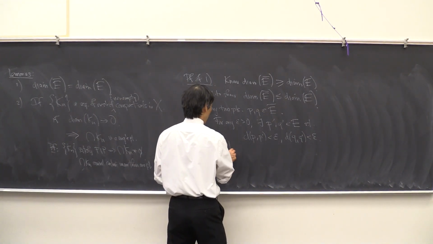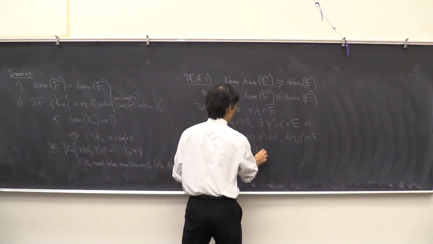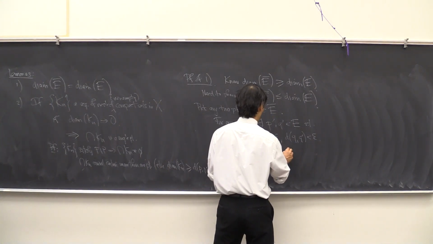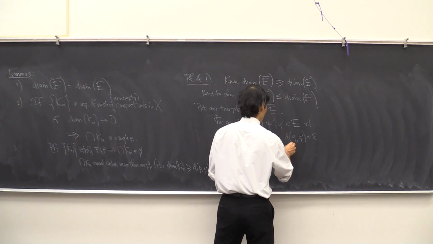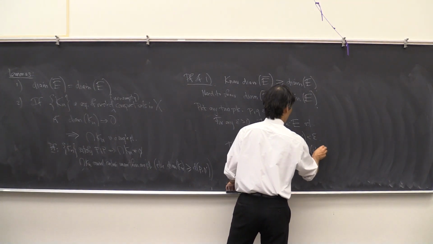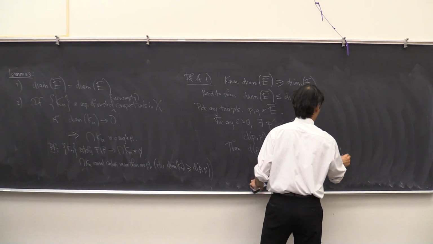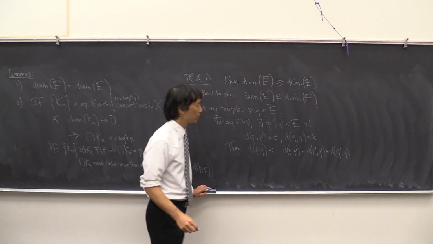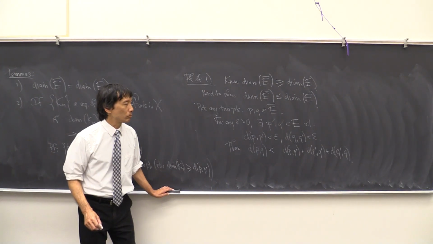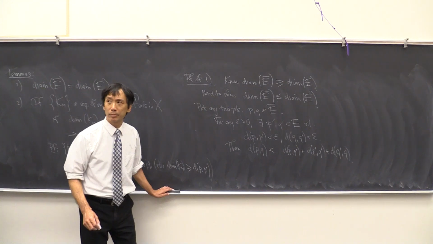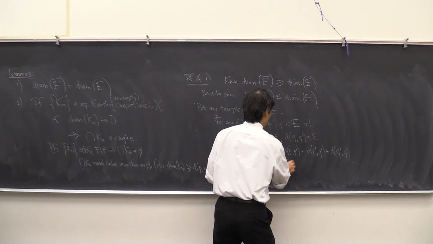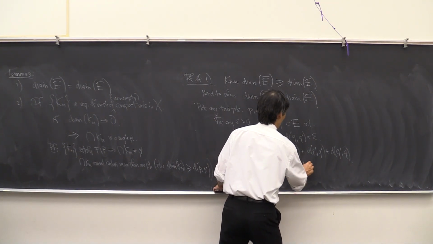So what does that tell us? Then the distance between P and Q is controlled by the distance of P to P prime plus the distance of P prime to Q prime plus the distance of Q prime to Q. Right? And so we see that it's smaller than the distance of P prime to Q prime plus 2 epsilon.